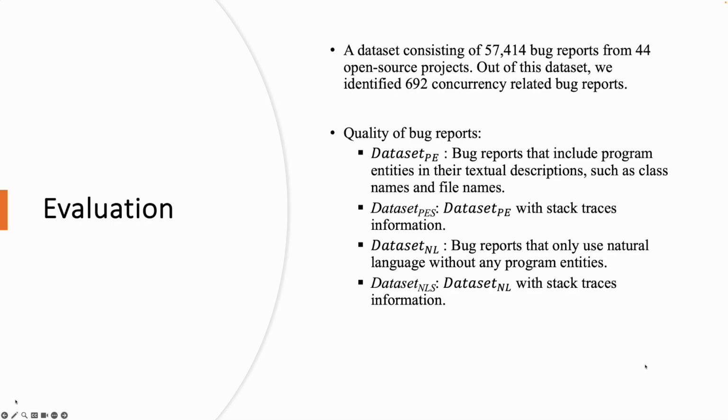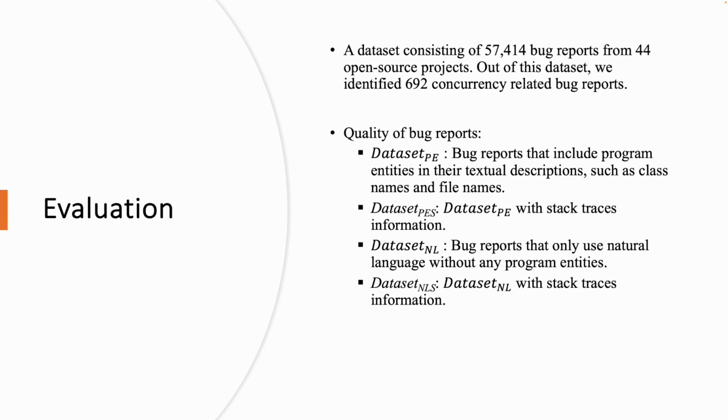To evaluate our approach, we selected 692 concurrency bug reports from 44 open source projects. To make our evaluation clear, we classified bug reports into 4 different types based on existing works. Since program entities are always considered important information, bug reports that have program entities in their descriptions will be classified as dataset PE.